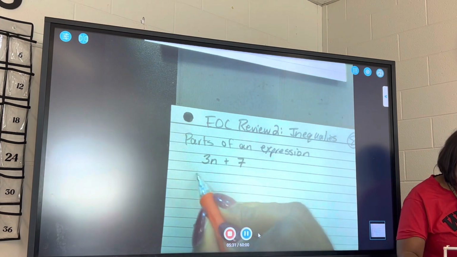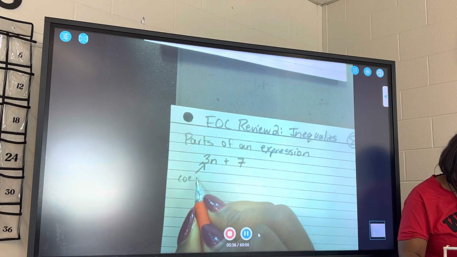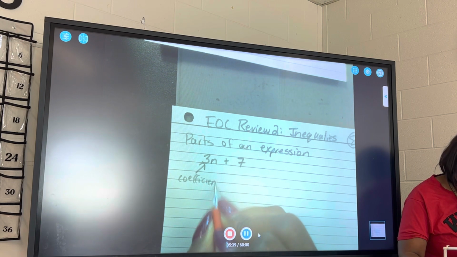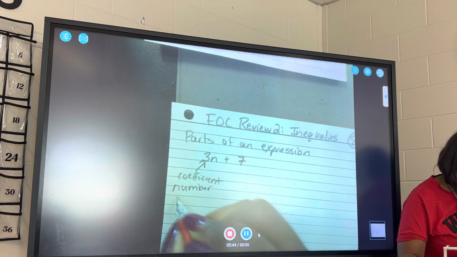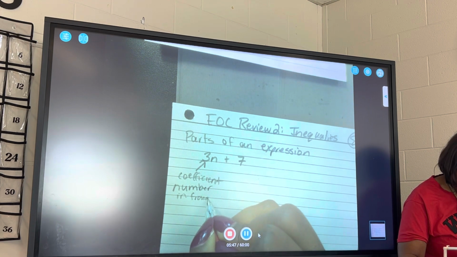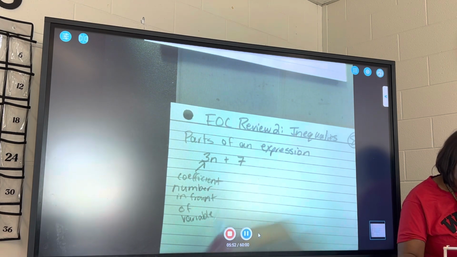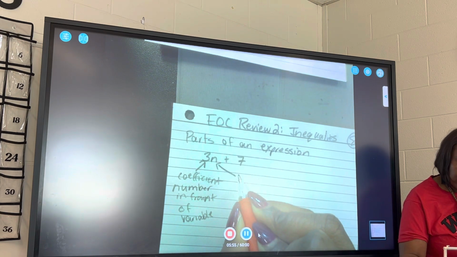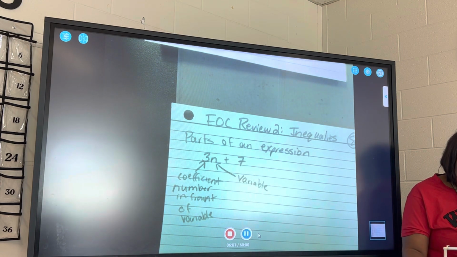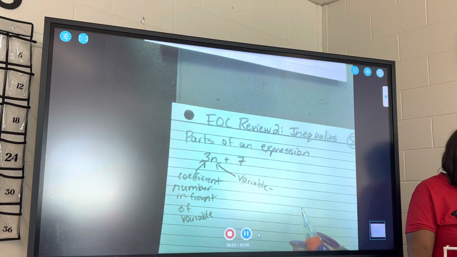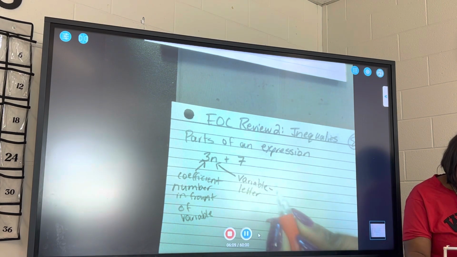The number in front of a variable is called the coefficient. That's the number in front of the variable. The variable represents a number that we don't know. This is the unknown, a letter that represents a number. It could be a symbol also.